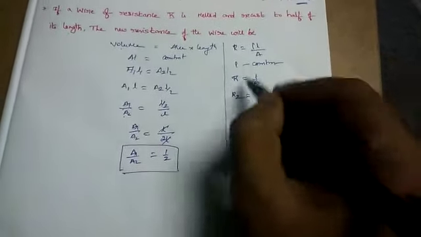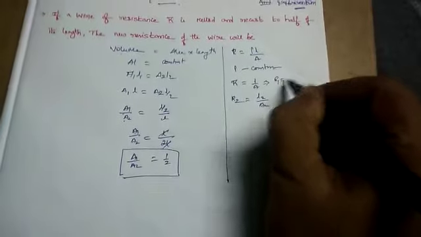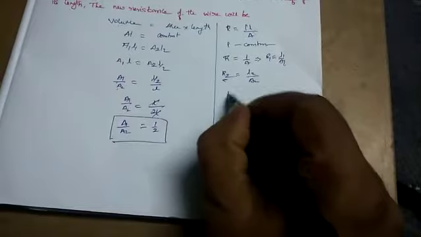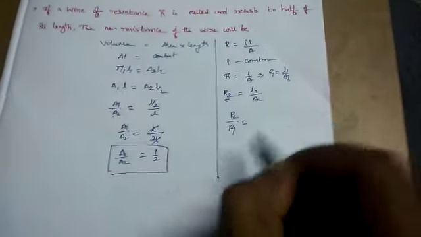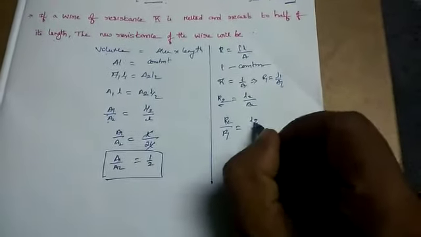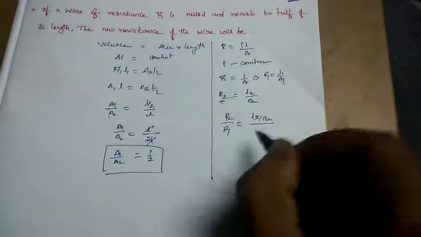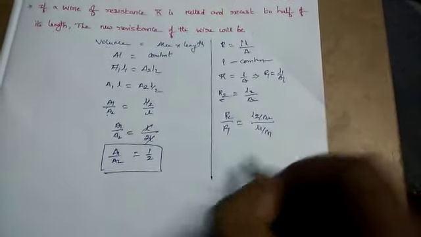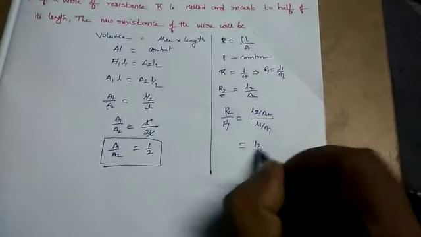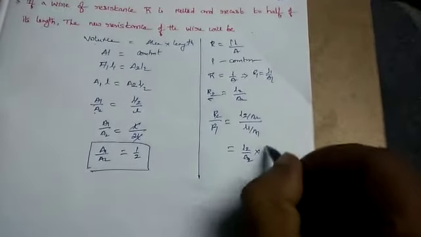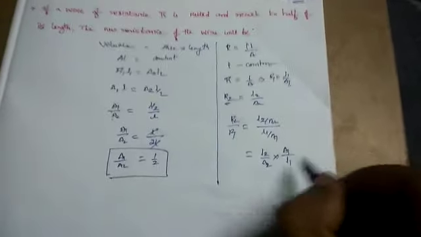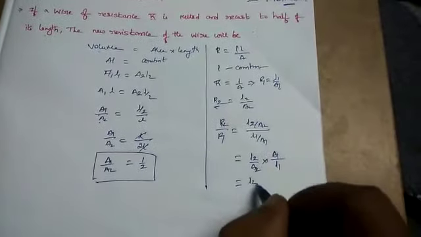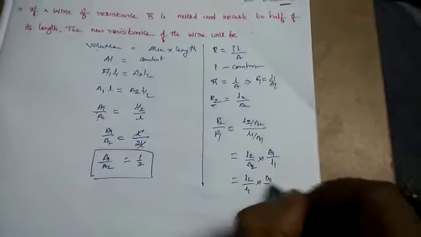Now R2 by R1 is equal to L2 by A2 divided by L1 by A1. So that is L2 by A2 into A1 by L1, so L2 by L1 into A1 by A2.